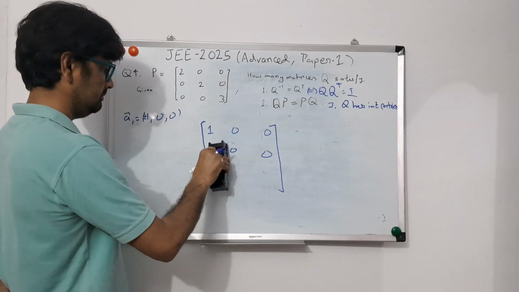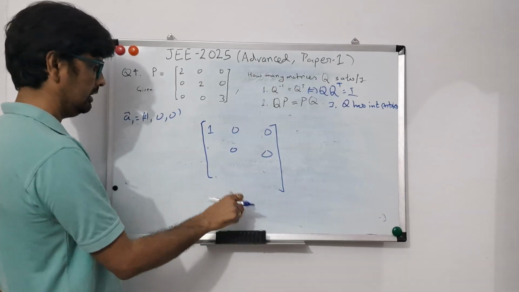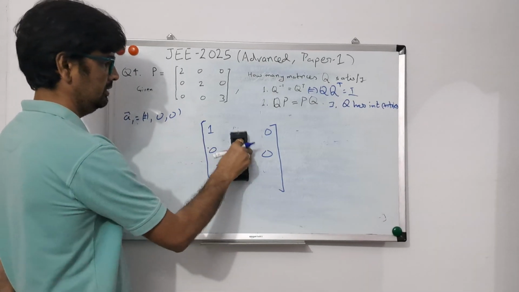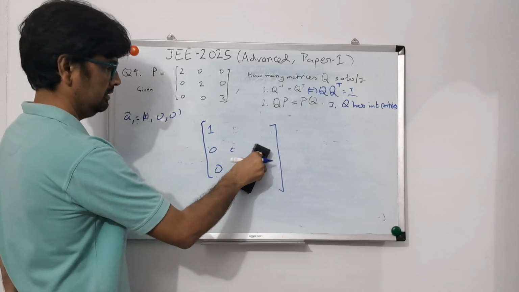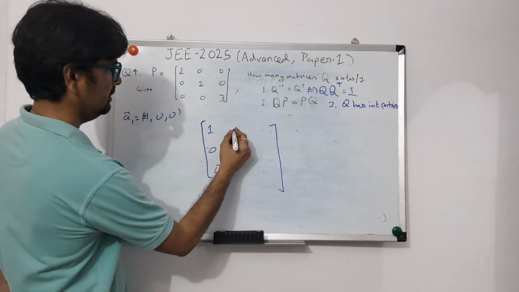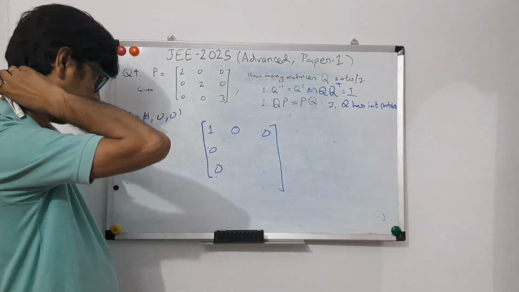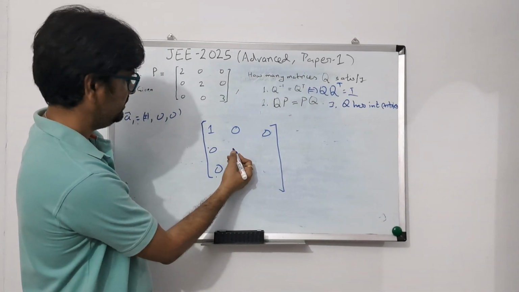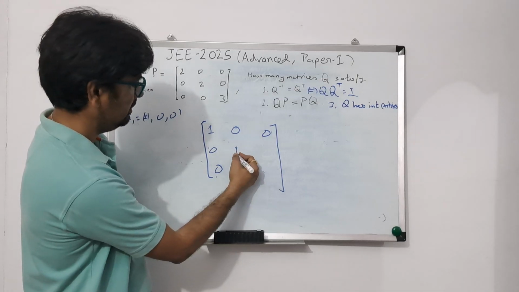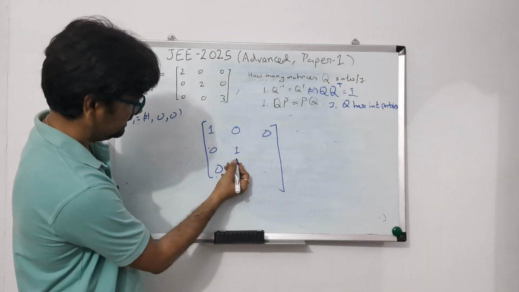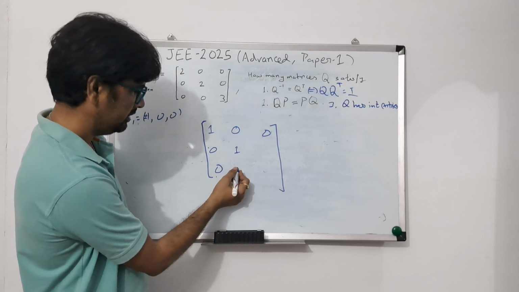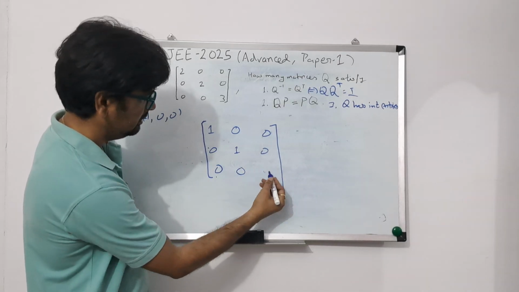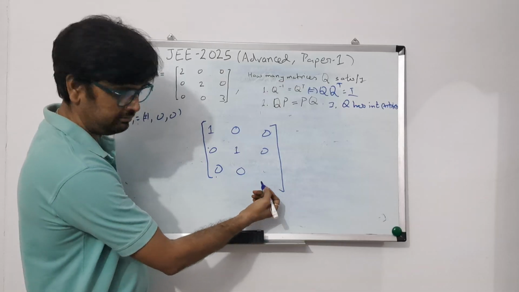So this column cannot have any more non-zero entries. It must be all zeros. This 0 we already fixed. Now suppose A2 has the 1 here, 1 or minus 1, whichever, then it cannot have any more non-zero entries. So this will be 0, and for A3 there is only one possibility left.